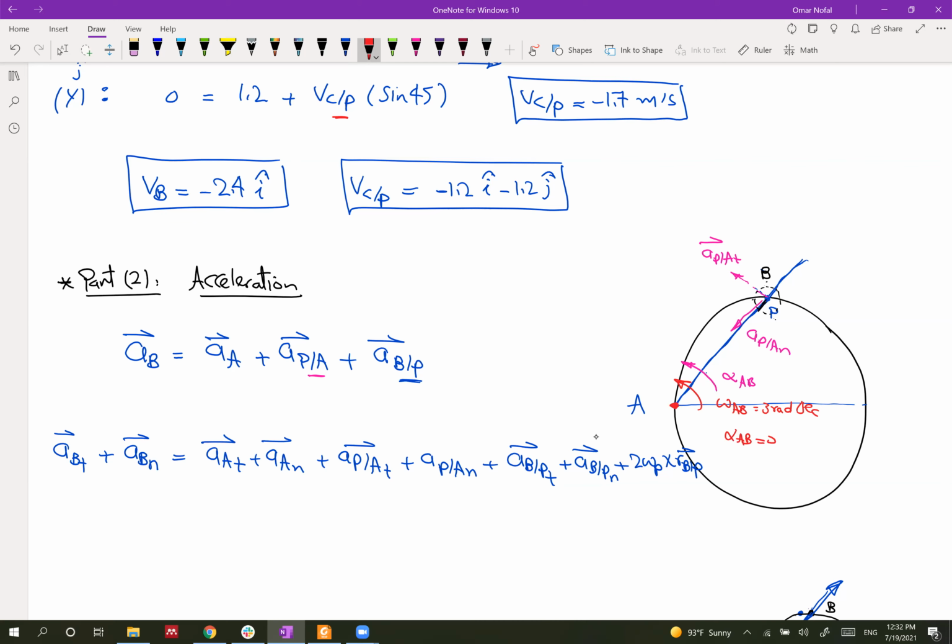We know that this point A is not moving, so these two terms will be equal to 0.